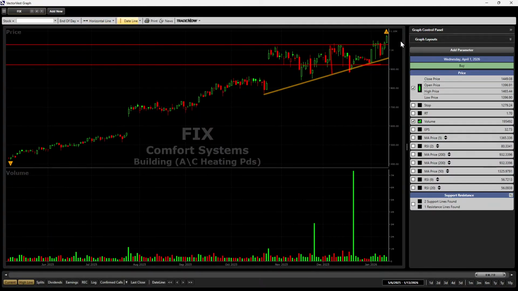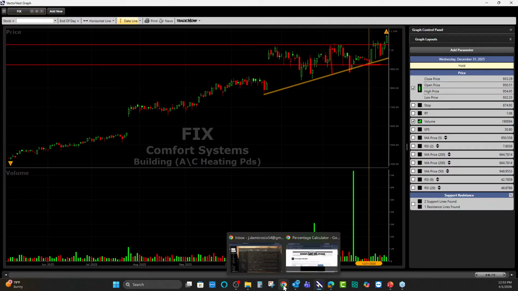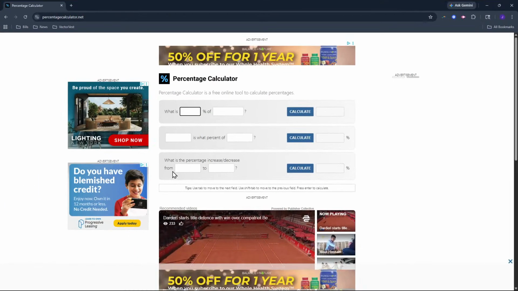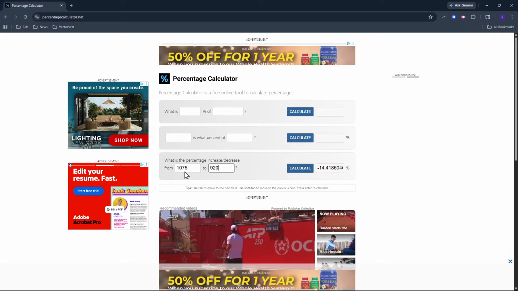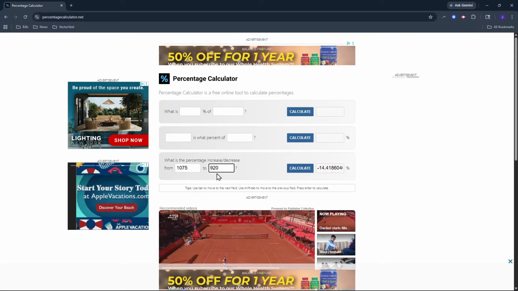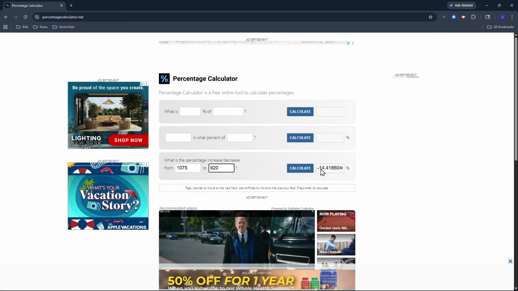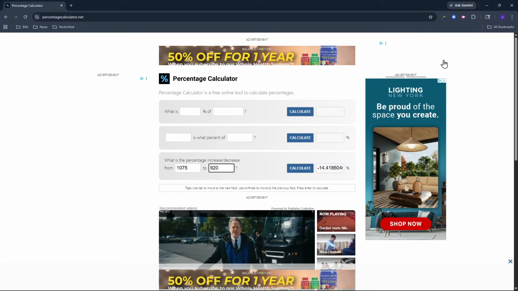So plug in some numbers here: 1075 and 920. Remember those numbers, 1075 and 920. I need to know the percentage change, the percentage difference between my cost basis or my confirmation level and my stop loss price. I figure that out. That's 14%.